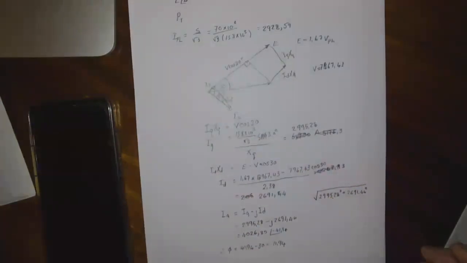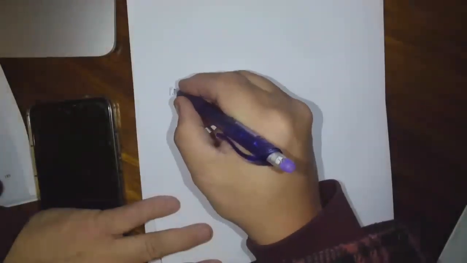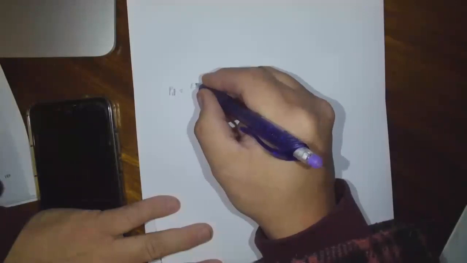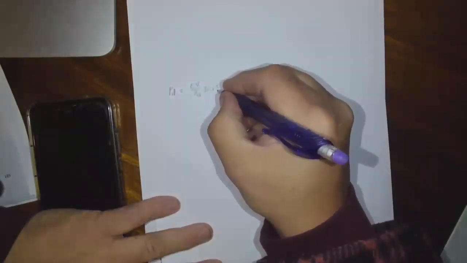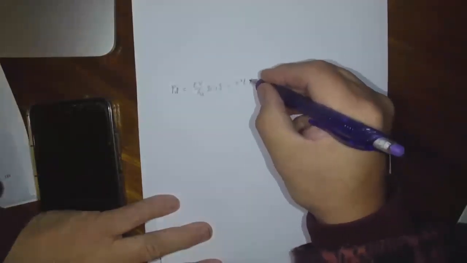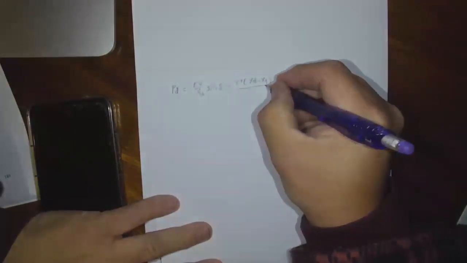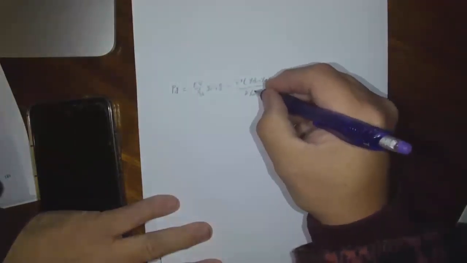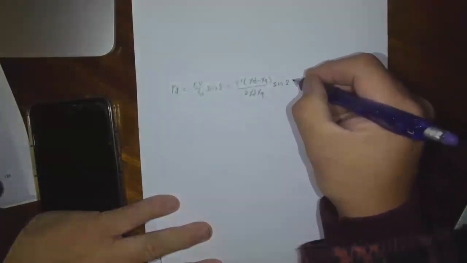Right. Then developed power. We developed this: EV over XD sine delta plus V squared (XD minus XQ) over 2 XD XQ sine 2 delta.